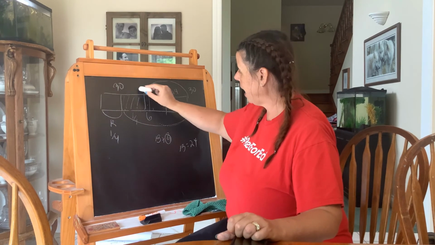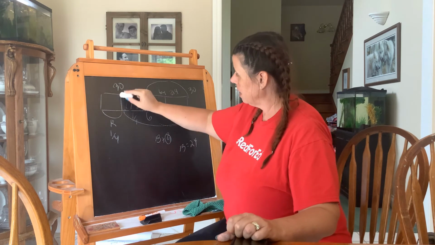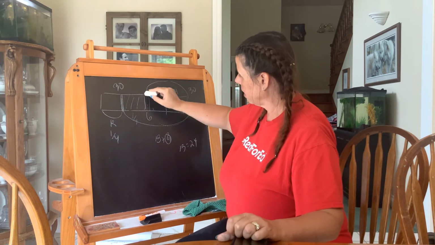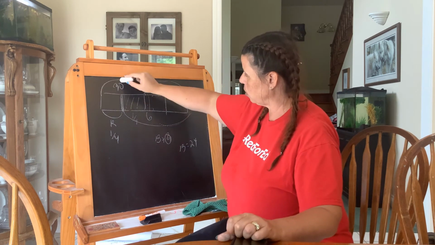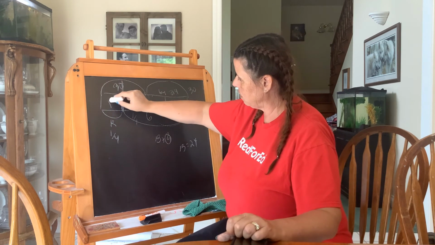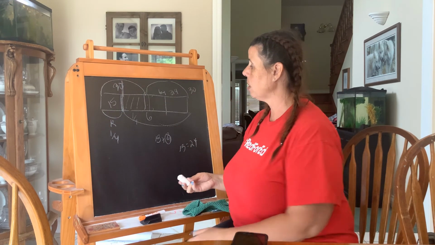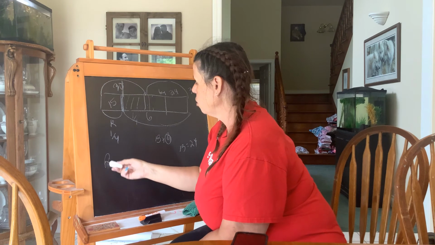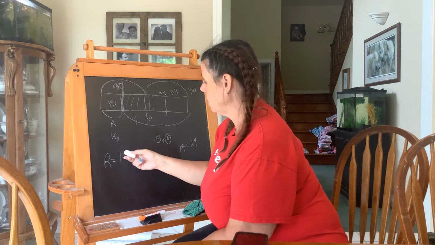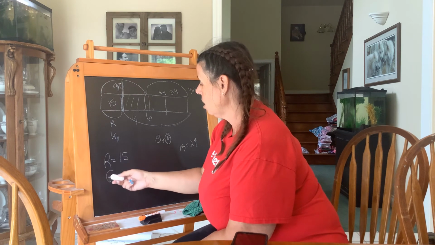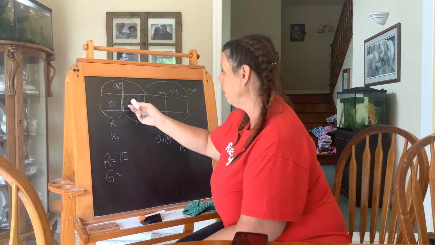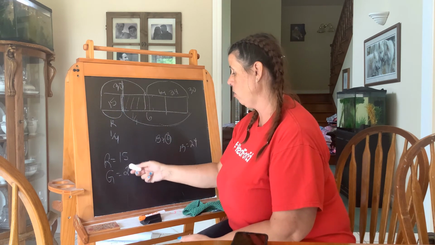So if a half is 30, that means that each quarter is 15. So that would mean that the red fish, which was a quarter, is 15. The green, which was a quarter plus 6, would be 21.